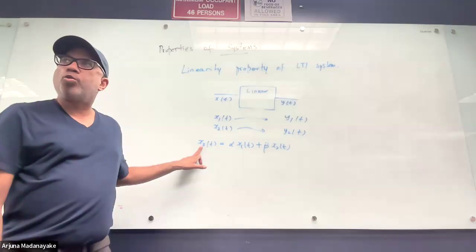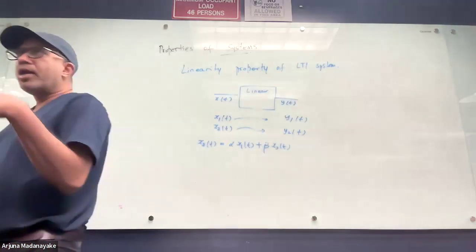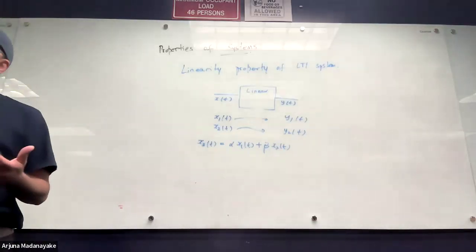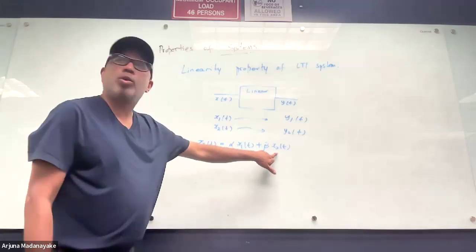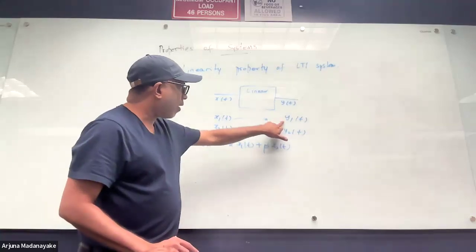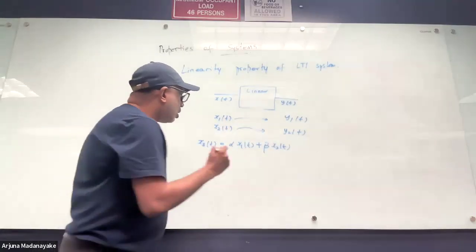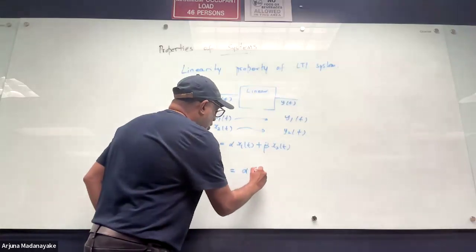So we want to find out, what is the output for that compound signal? We know x1 produces y1, so alpha times x1 produces alpha times y1.